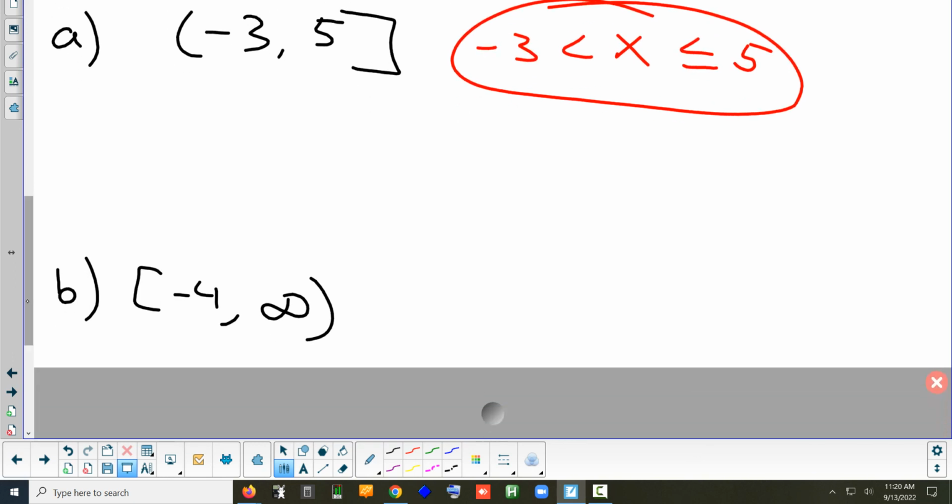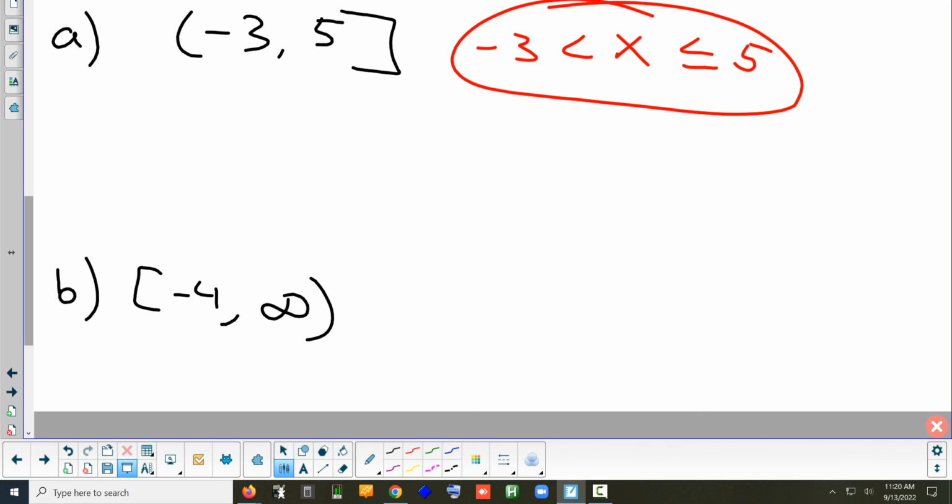How about this one? The unbounded half open interval from -4 to infinity. Yeah? -4 is less than or equal to x, which is less than infinity. Okay. So you could do that. Can anyone simplify that for me?